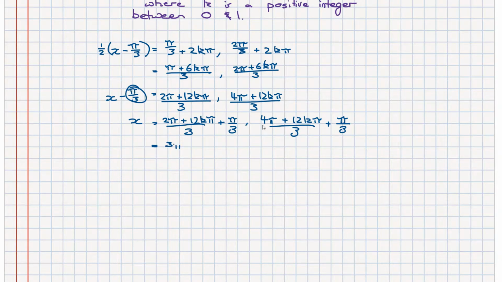We can simply say 3 pi plus 12k pi all over 3, and then we can say not 4 pi but 5 pi plus 12k pi all over 3, and then these are nice numbers here, so what I'll do is I'll get rid of the denominator and divide everything through, so it will be pi plus 4k pi, and then I can't do anything about this 5 pi, so I'll just leave that as is for now.